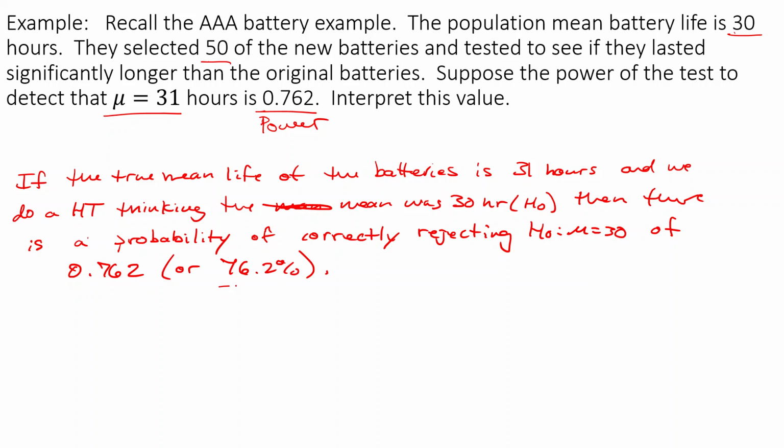So there's a 76.2% chance that our test is going to tell us to reject. And it should tell us to reject because the mean is actually more than 30. The mean is actually 31.